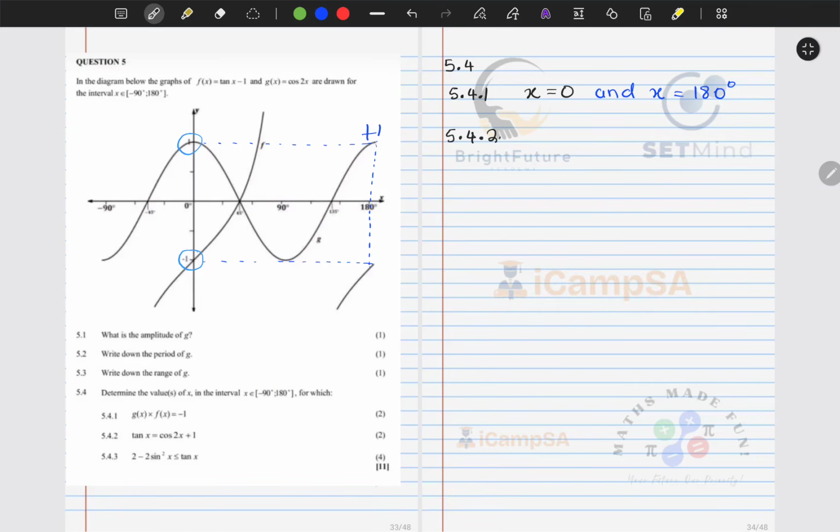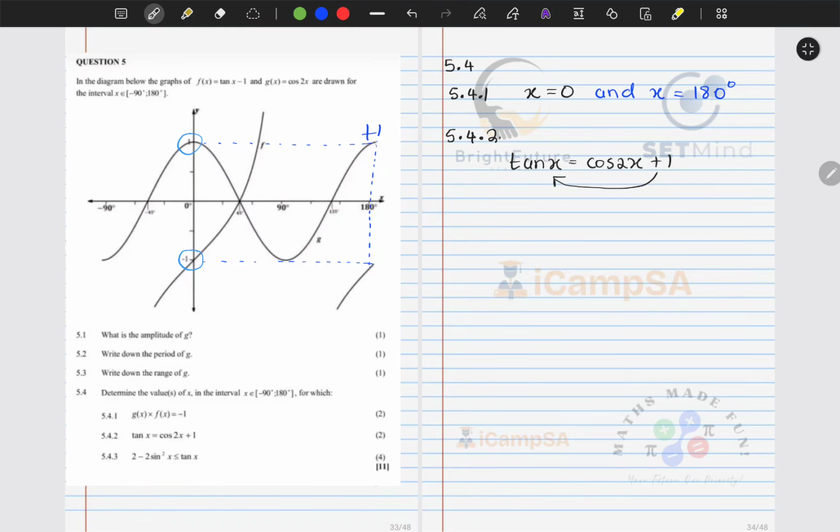5.4.2. So they want a case where our tan of x is equal to cos of 2x minus 1, or 2x plus 1.